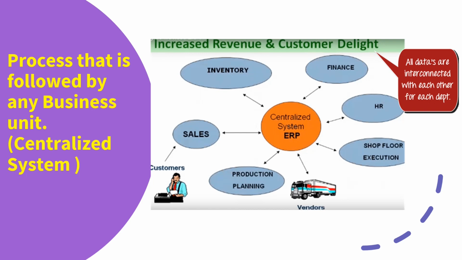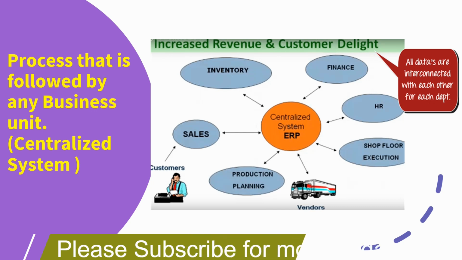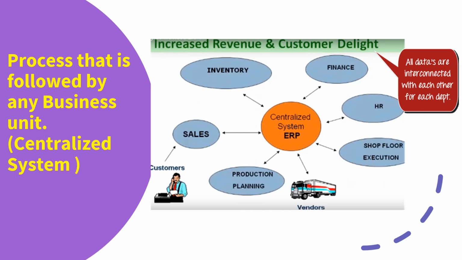Also, inventory, sales, production planning, all the team can update finance team on the central system only, and finance team will have the updated data, and they can generate revenue with the real time data.